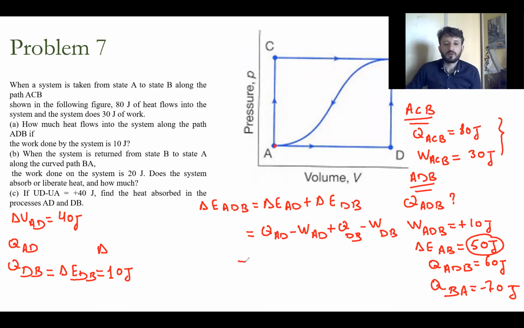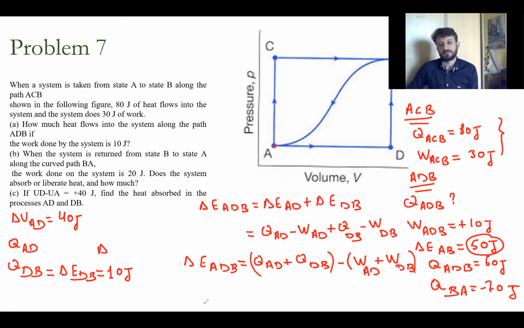So here we have Q AD plus Q DB minus W AD plus W DB. This is delta E ADB.